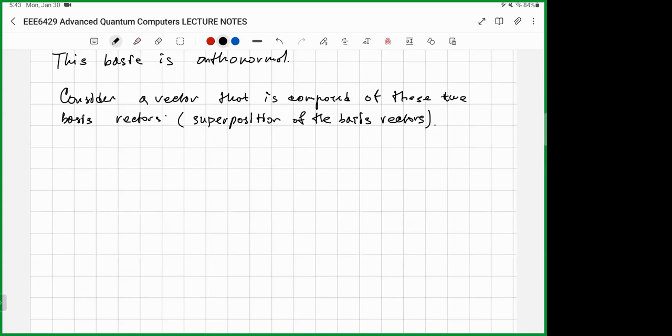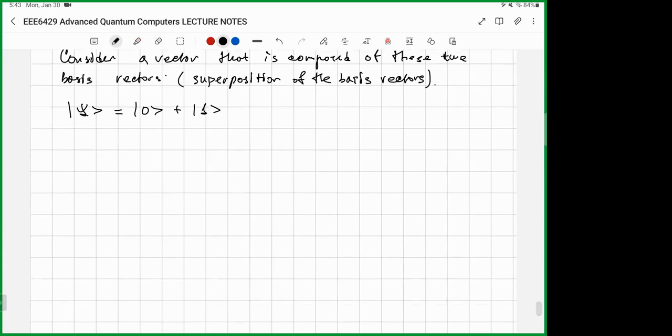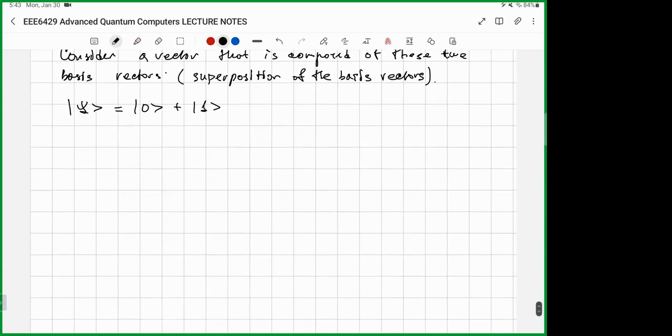So I write another psi vector, which is the superposition of 0 plus 1. So I can consider a vector like this, a simple superposition of two basis vectors. And this vector also belongs to this two-dimensional Hilbert space.